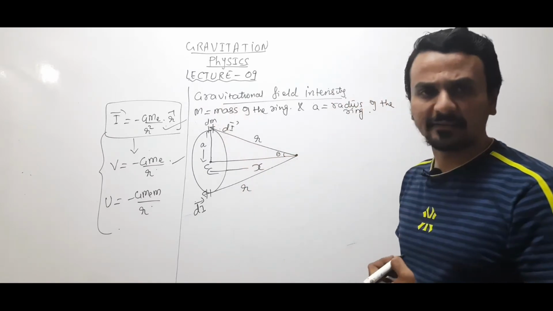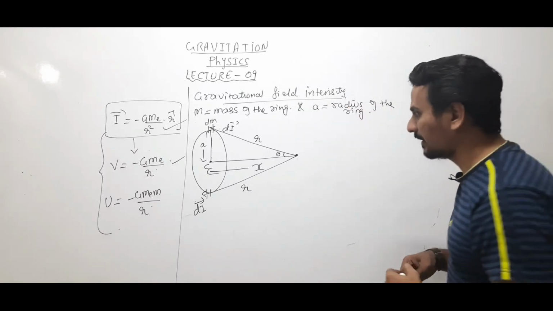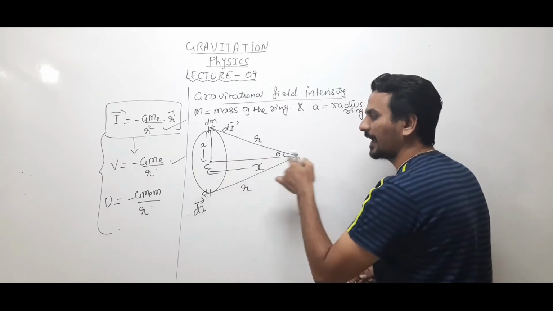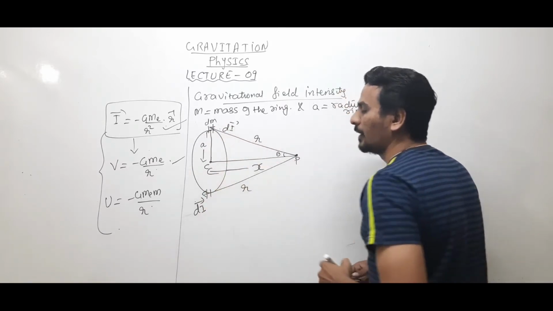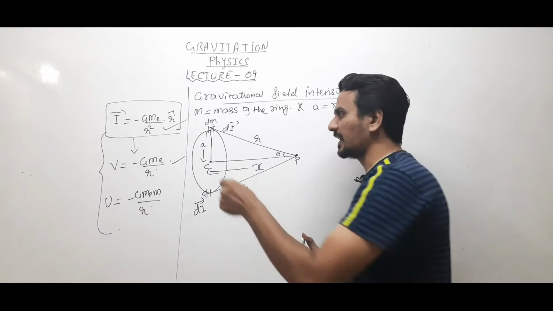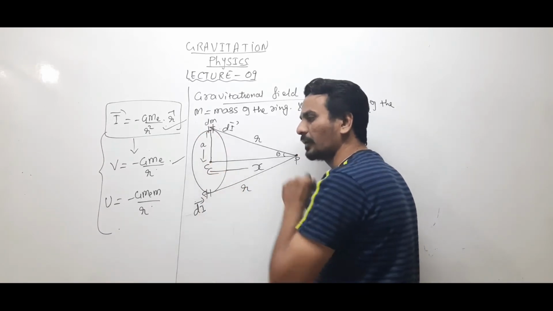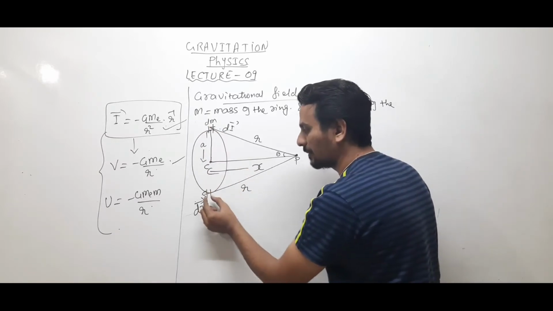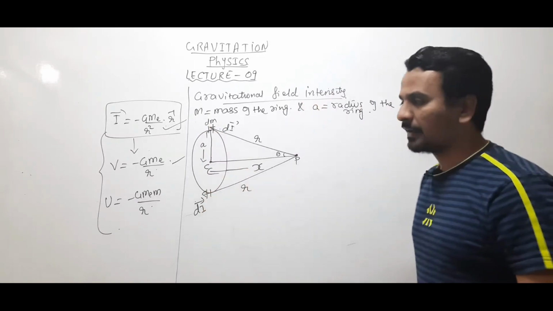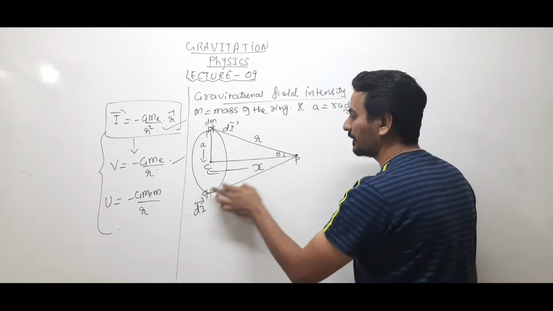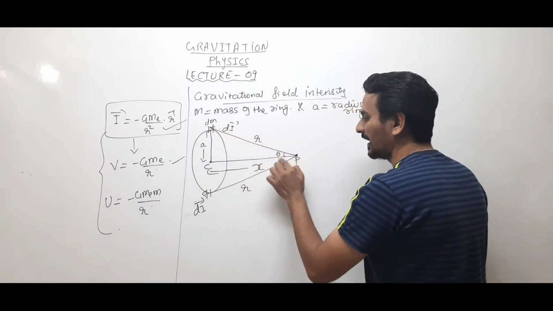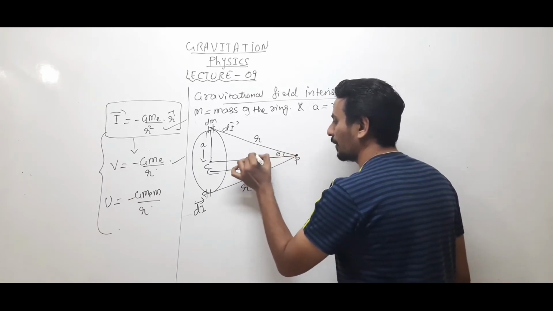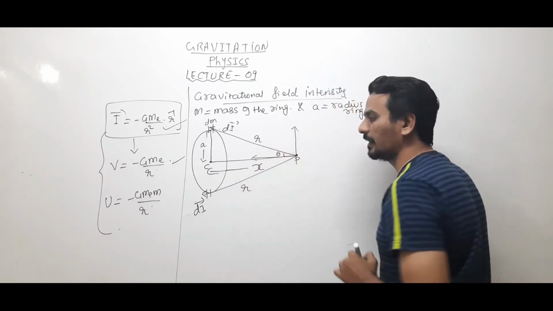We have to find the gravitational field intensity at a distance x from the center of the ring. So we have taken two small masses on the circumference of the ring, each of mass dm. The intensity because of this dm will be in this direction, at angle theta. Intensity is a vector quantity, so it will have two components, cos theta and sin theta.